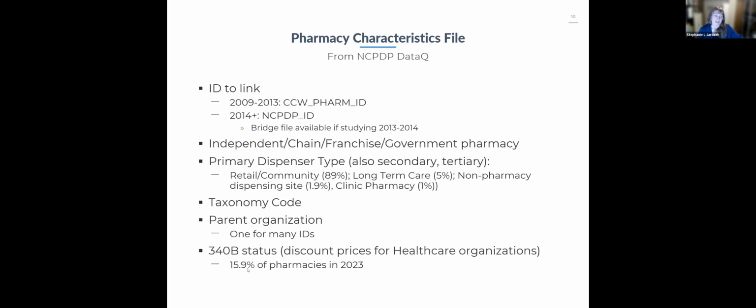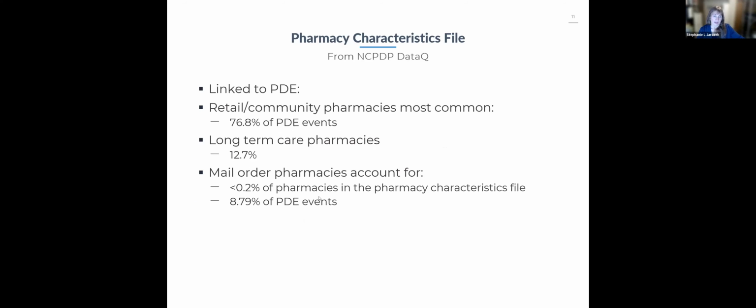And that was, according to this, in the pharmacy file itself, not the pharmacy linked to PDE, about 16% of pharmacies. When we link it to the PDE, we found that most of the PDE events are filled at retail or community pharmacies. That's about 77% of the events, but a good percentage are also filled at long-term care pharmacies.